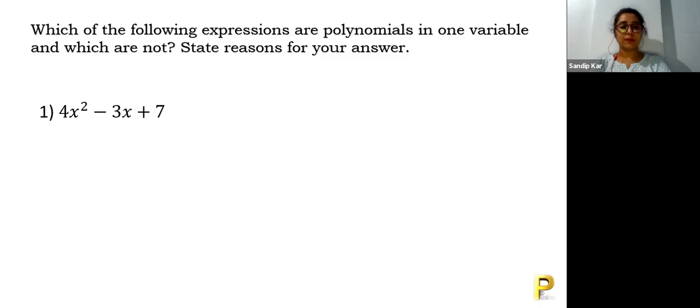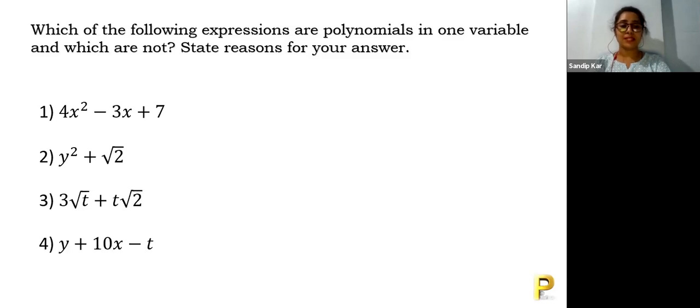So 4x squared minus 3x plus 7, y squared plus root 2, 3 root t plus t root 2, and y plus 10x minus t. These are the questions for this part. Which of the following expressions are polynomials in one variable and which are not?